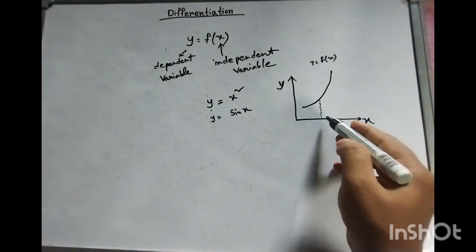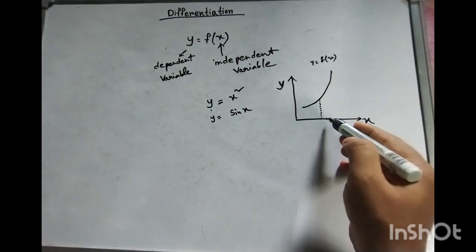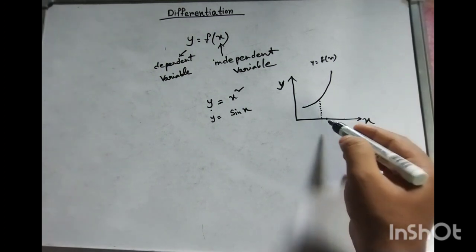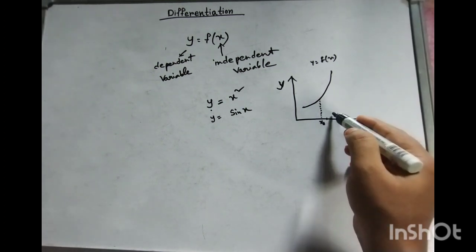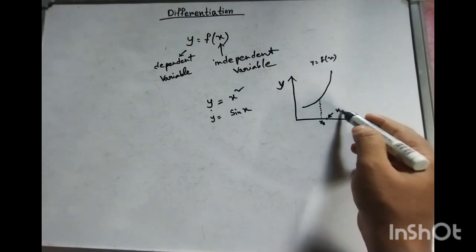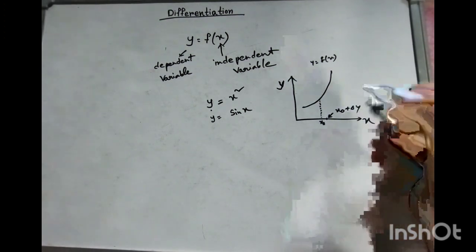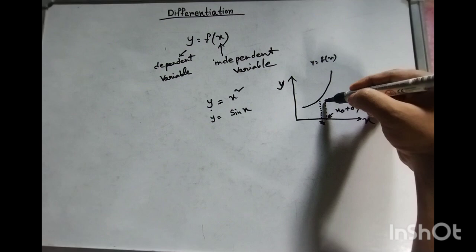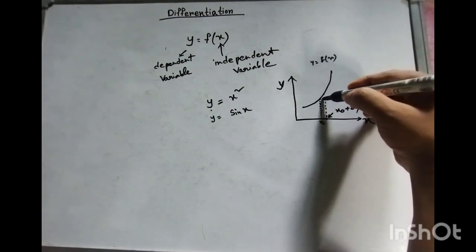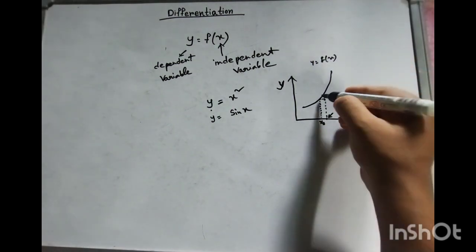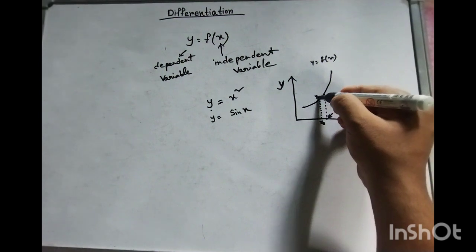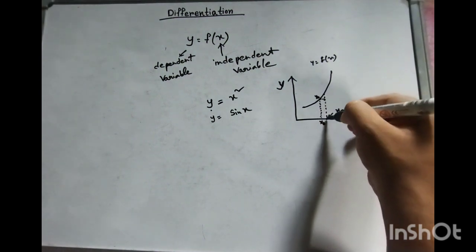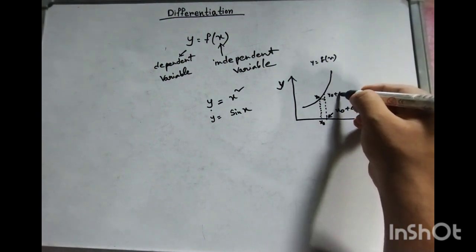The concept is, if you change x slightly, suppose this point is x naught, and if you change this value by delta x, correspondingly the value of y will also change. Suppose this value is y naught and this value is y naught plus delta y.